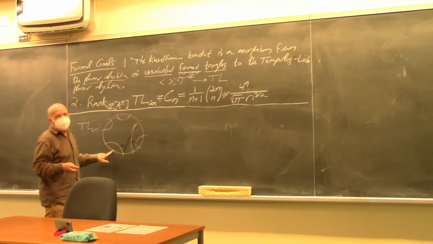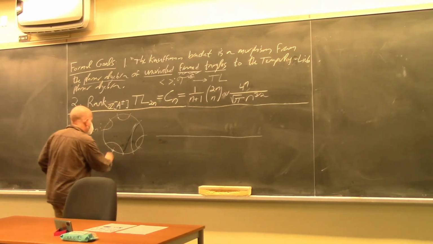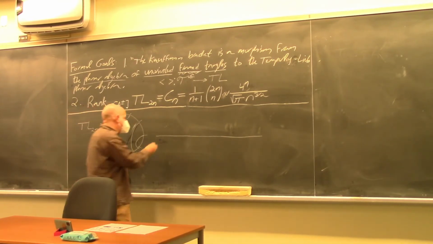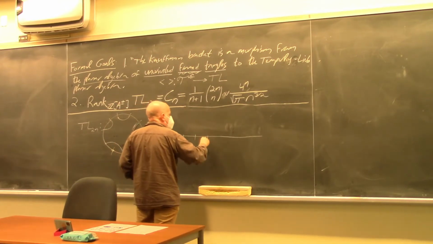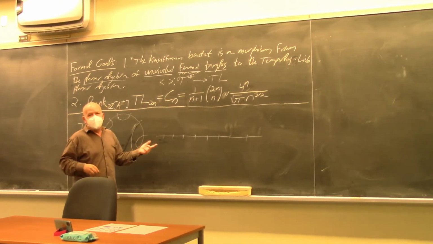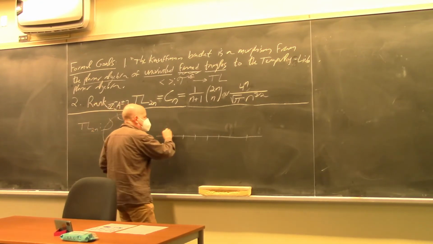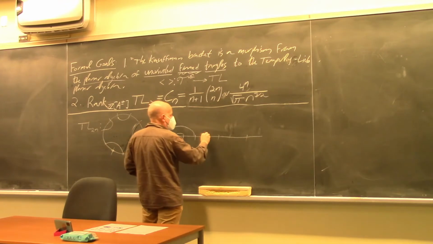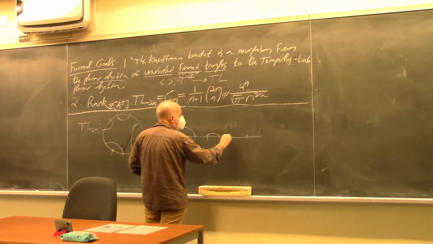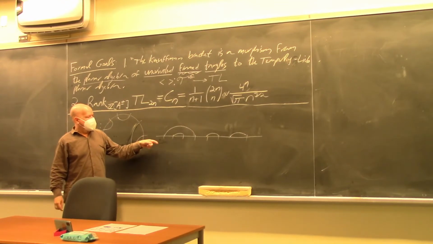First of all, instead of writing it as a circle, let me write it as a line. Just cut it open at the base point. Then I still have 1, 2, 3, 4, 5, 6, 7, 8, an even number of endpoints, and I still connect them with arcs in such a way that there are no intersections.